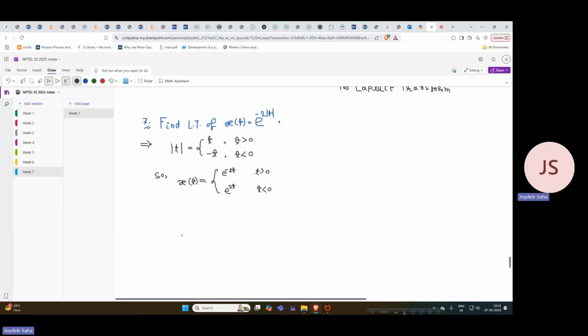So in a specified form we can write x(t) is equal to e to the power minus 2t u of t plus e to the power 2t u of minus t.